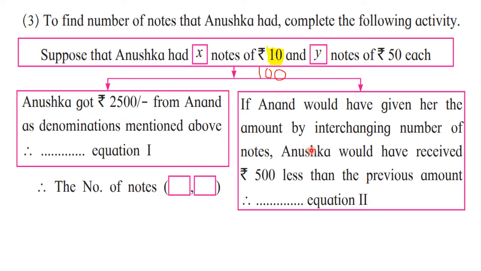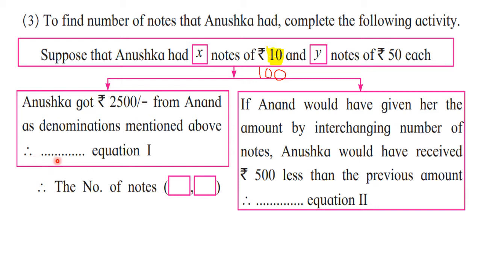Then the second condition: if Anand would have given her the amount by interchanging the number of notes, Anushka would have received rupees 500 less than the previous amount. That means the notes are exchanged: y notes of 100 and x notes of 50. So you write this equation by exchanging the coefficients.